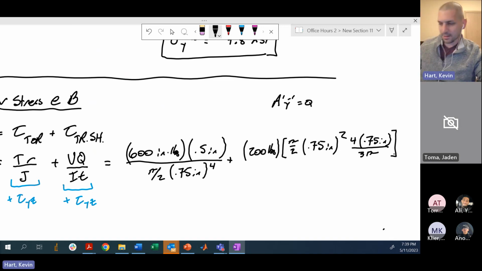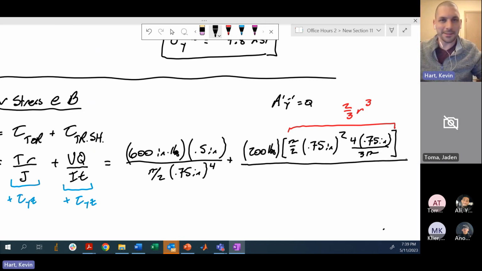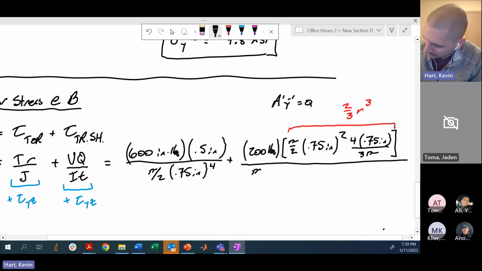Alternatively, if you want to try to remember, this whole thing together looks something like 2/3 r cubed. But you don't necessarily have to remember that. If you can just remember y bar prime, A prime, you don't even have to remember that either. That's on your equation sheet. All over IT. So I is pi on 4, radius to the 4th.